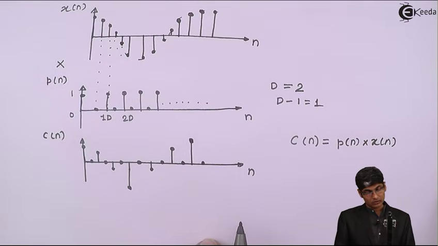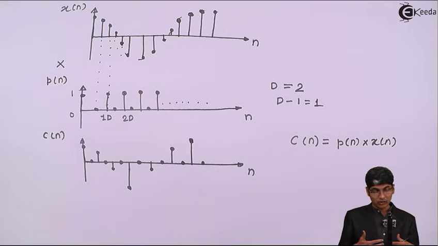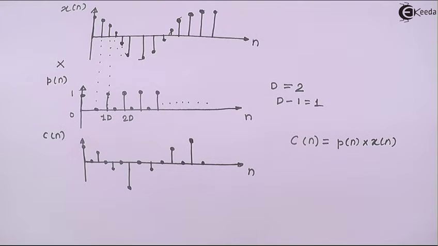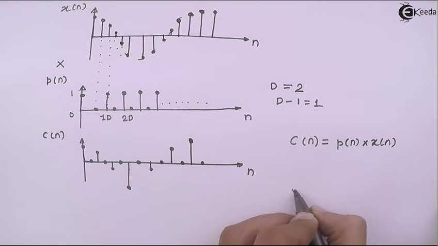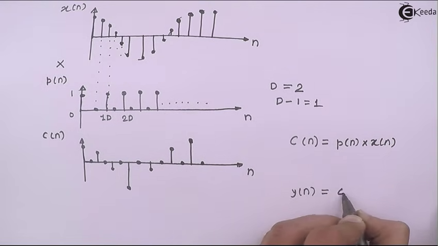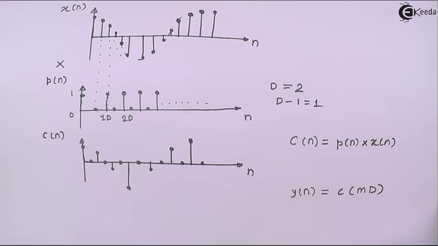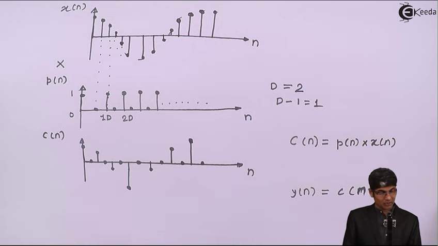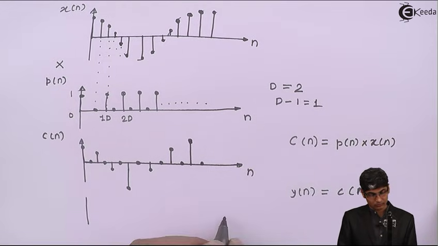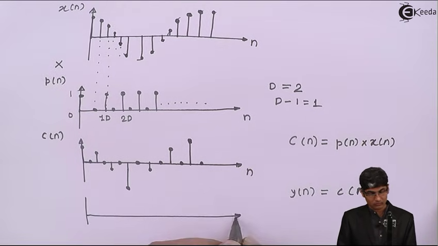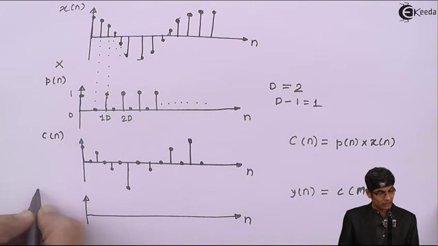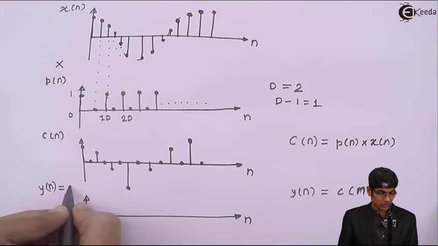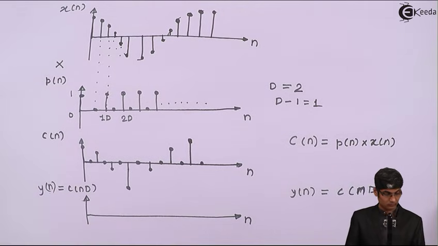Now I will compress or remove the zeros and pick only the non-zero terms. So now my y of n is nothing but C of nd. We can keep y of n or y of m, that's not an issue. So this is my y of n, which is nothing but C of nd.